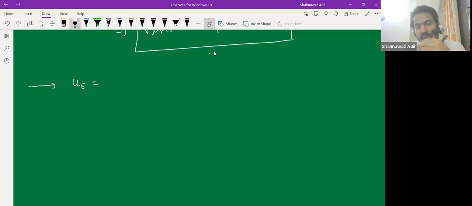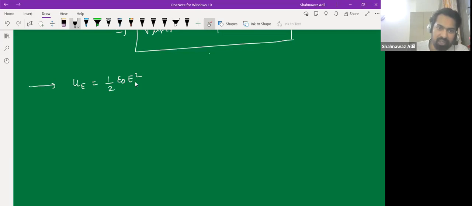Not power. Power is different, yeah, electrostatic energy. So the energy due to the electric field is half epsilon naught E square, right?